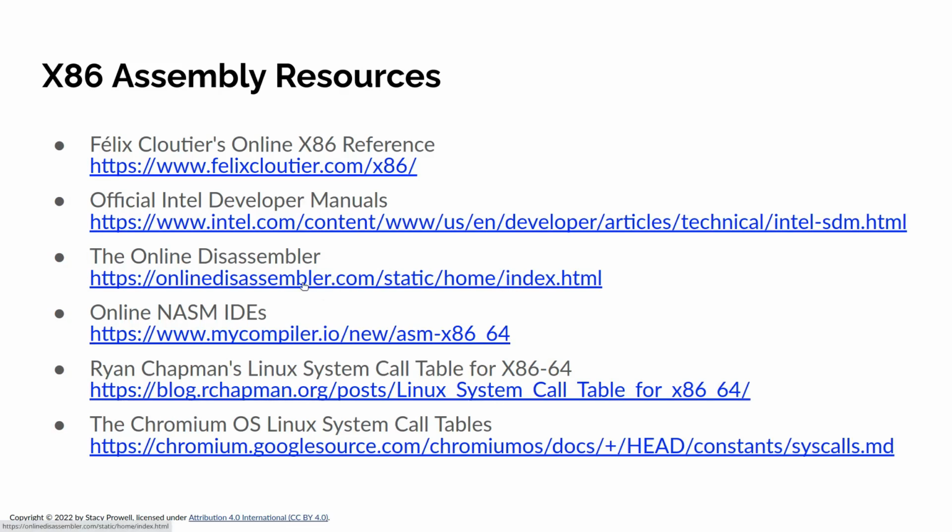You could upload start.bin and see what the online disassembler makes of it. There are some online IDEs that use NASM. There's one here. Ray Chapman has a nice post that lists the system call table for x86 64-bit Linux. And if you want all of them, the Chromium OS has one that has it for ARM and a bunch of other processors as well.